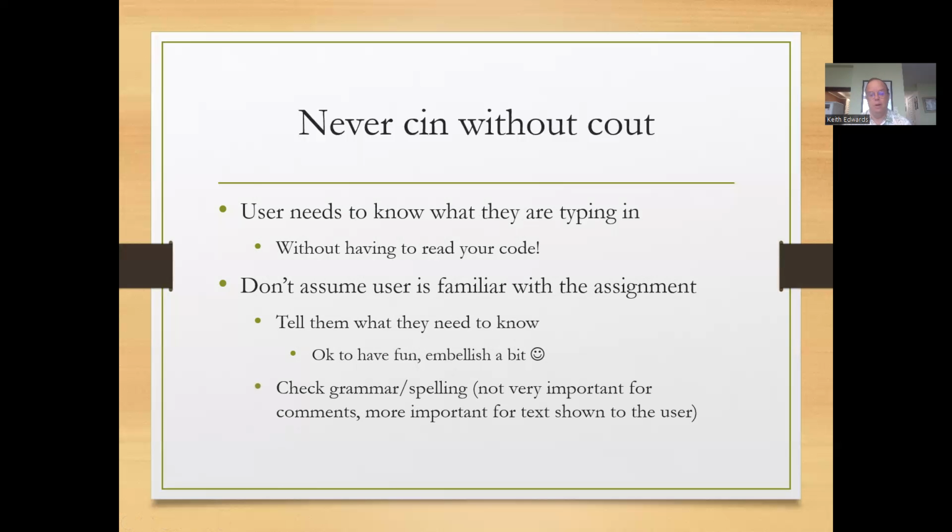And check the grammar and spelling. It's not really important for the comments, but it's important for the text that's shown to the user. So if you're running a program or an app and everything's misspelled, it might lower your perception of that app as a user.